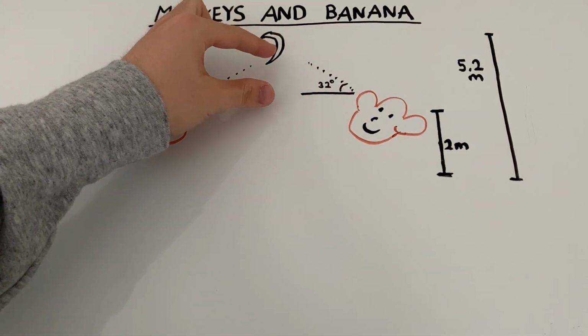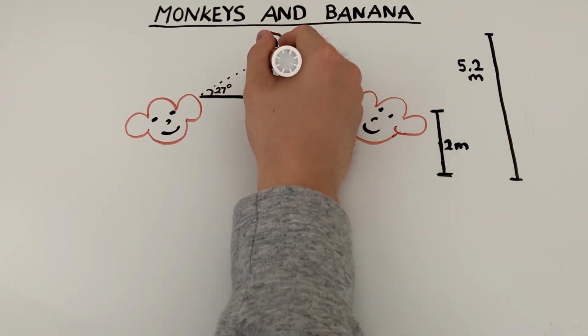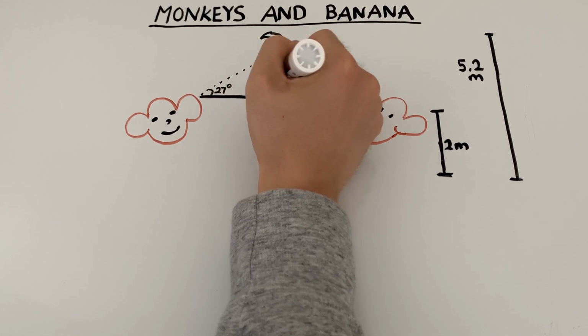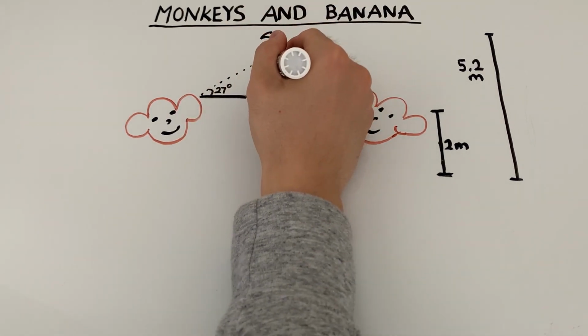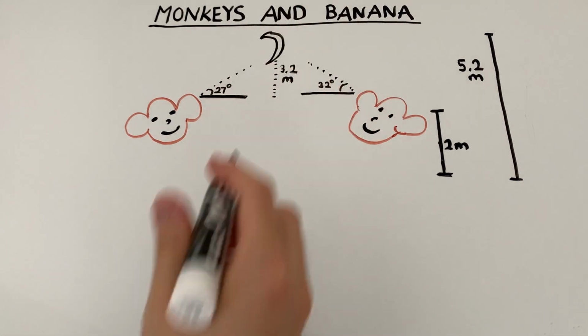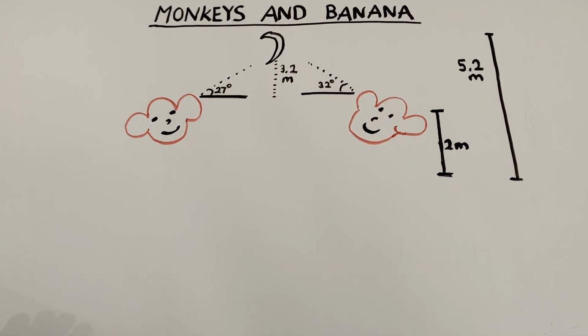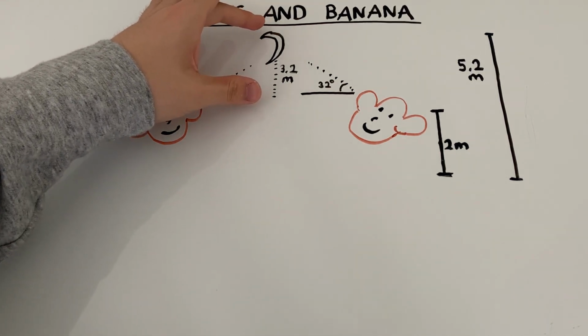So this distance right over here. Even though it may not look like it in the picture, this is actually 3.2 meters. Just from here to here, okay?